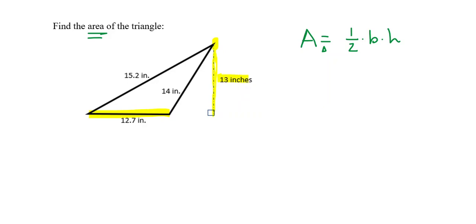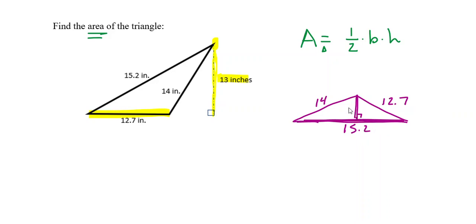Now, if I turn the triangle over, and you can imagine me rotating it like this, so that this side is 12.7, and this side is 14, and this side is the 15.2, then the 15.2 would be the base, and the height would be whatever this distance is here. But because we don't have that distance, we can't use 15.2 as our base.